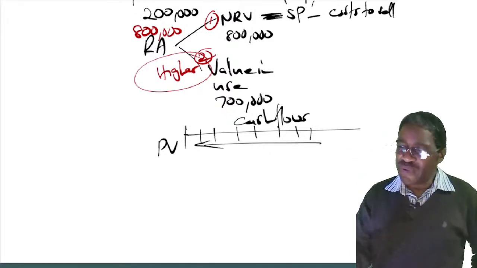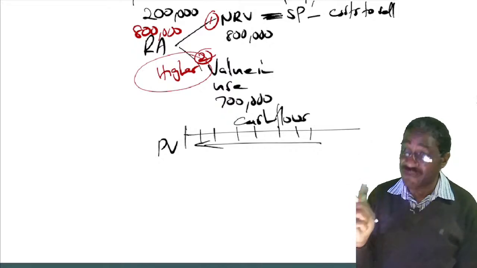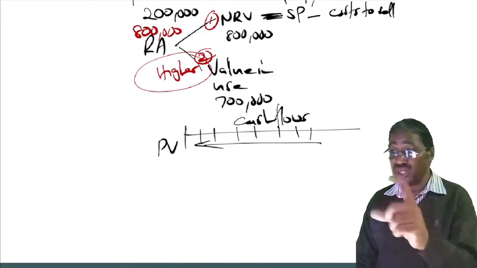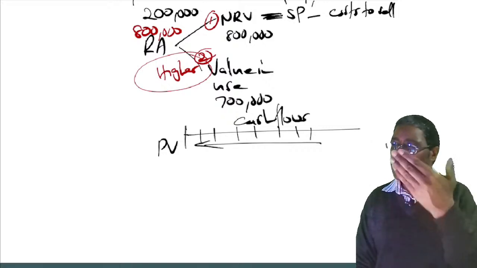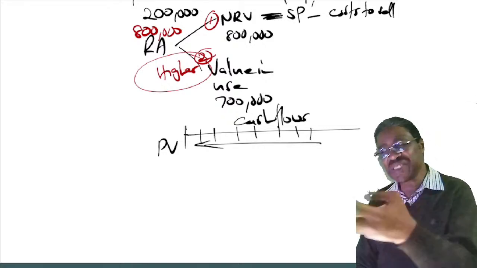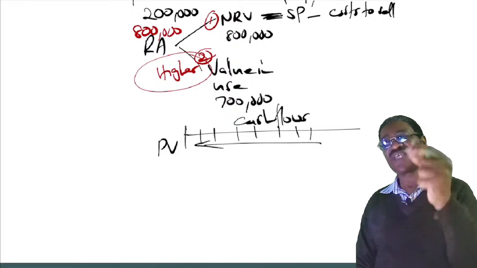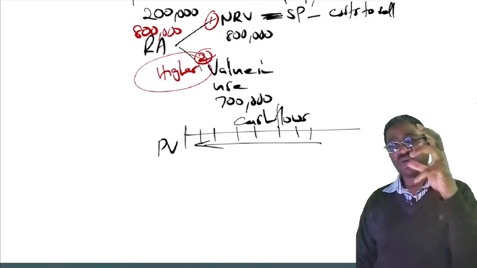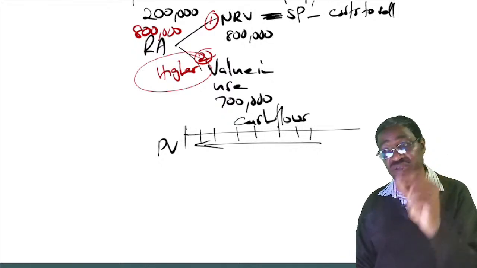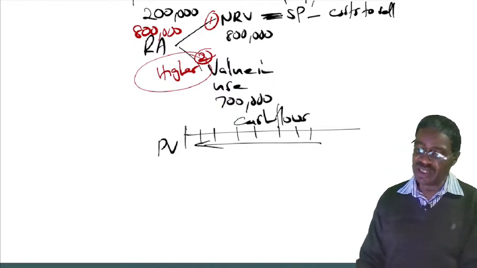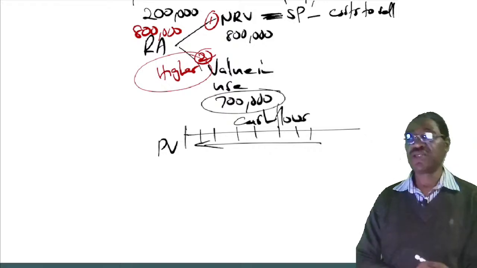Once you get the present value of the estimated future cash flows, that gives you what we call the value in use. So we define value in use to be the present value of the estimated future cash flows.